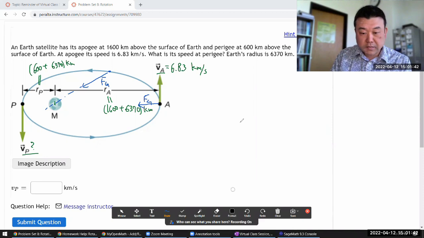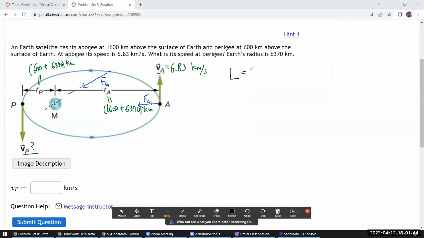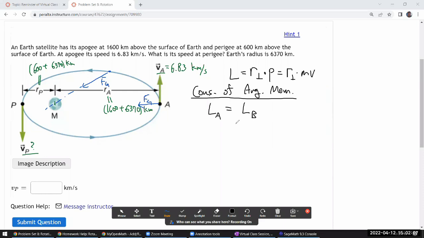So we can use the expression for angular momentum, that's the lever arm times momentum, or lever arm times mv. And we are going to say angular momentum at point A is equal to angular momentum at point P. This is the statement of conservation of angular momentum. At point A, we have the apogee distance, RA.